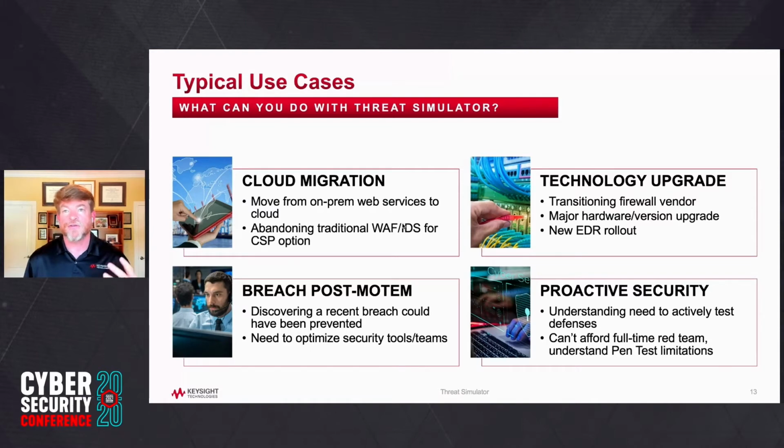We can try lots of different attacks through your WAF to let you know, oh yeah, you're still vulnerable to this, whether it's SQL injection or some other injection attack or something like that, and then let you know how to fix it.